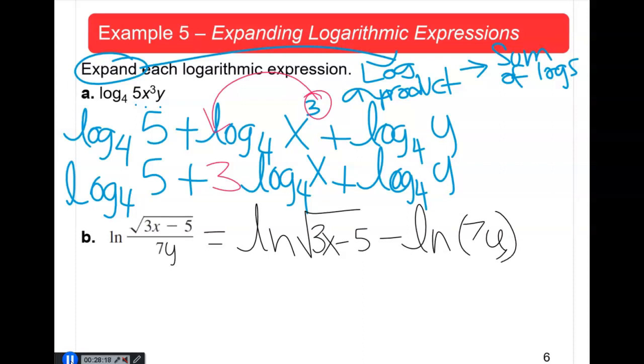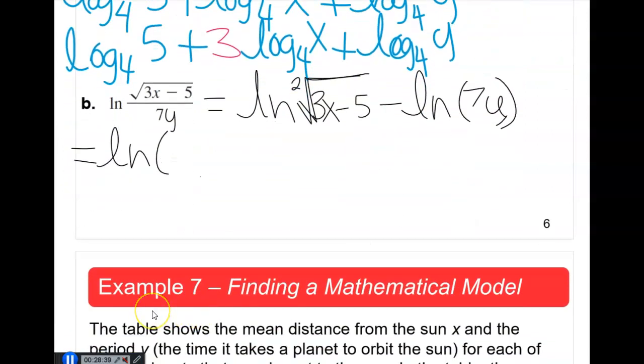Okay, so I am going to rewrite the square root as an exponent. Because the index is a 2, it's an implied 2, we don't see it there, but we know it's a square root, so then it will be the natural log of 3x minus 5 to the power 1/2 as a fraction.